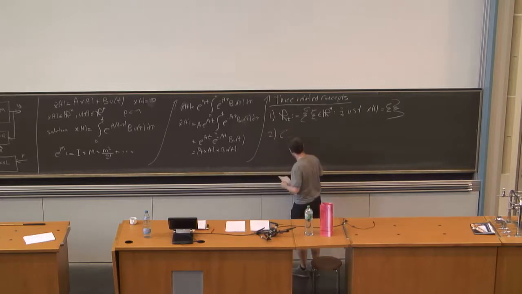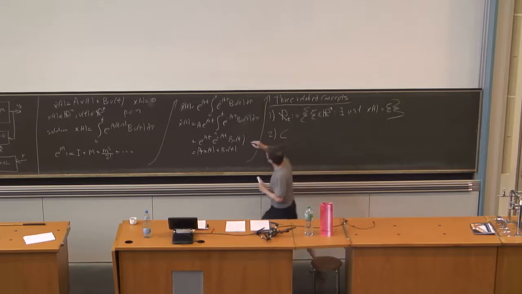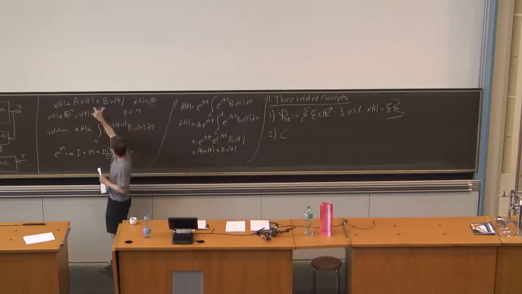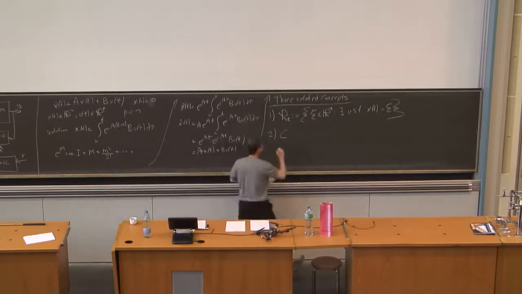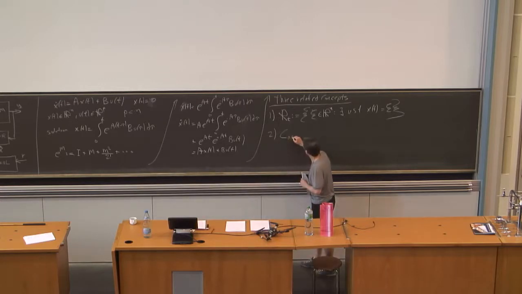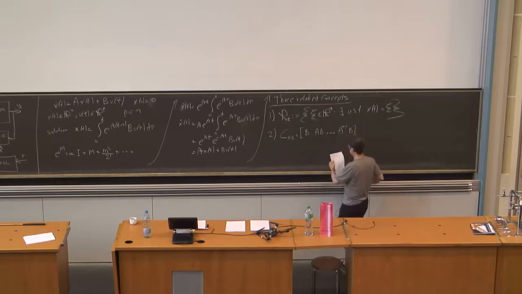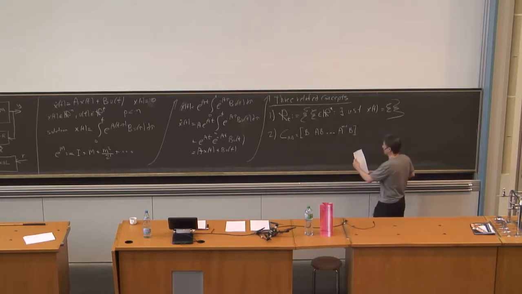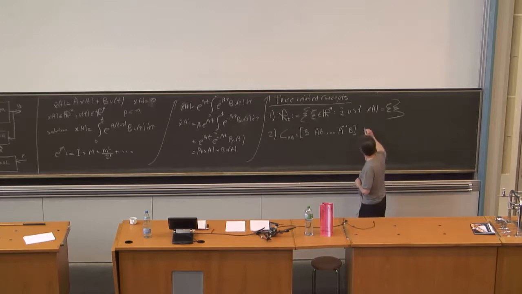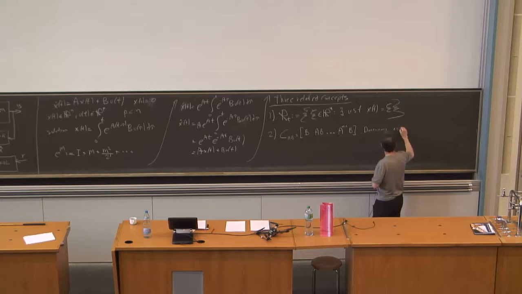I'm going to take matrices A and B, and I'm going to form a bigger matrix out of them. I'm going to call it C_AB, and it's just equal to B, AB, all the way to A^(n-1) B. Okay? And its dimensions are, well, it's easy.